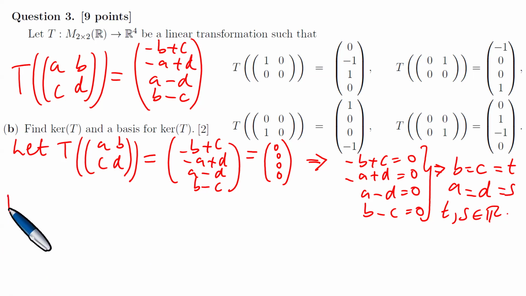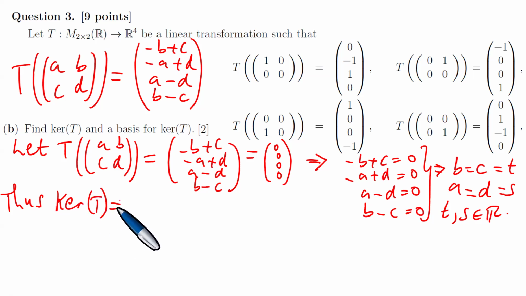So thus we make the observation that at this point we have the kernel of T, which is given by what? In other words, the kernel of T contains members of the domain, which are the 2 by 2 matrices.